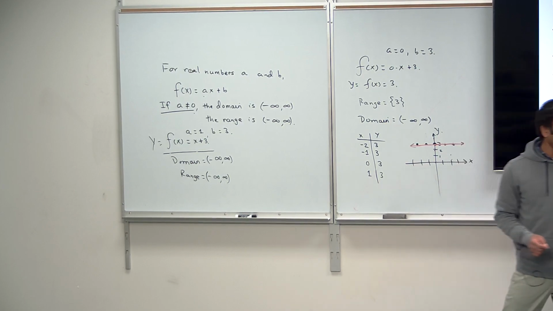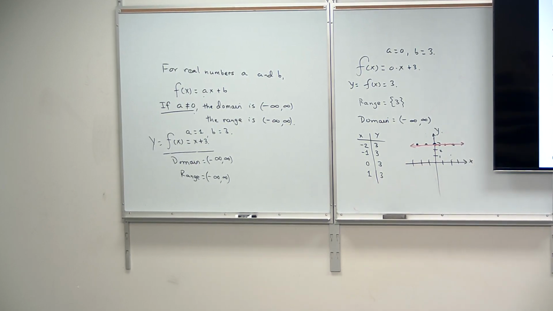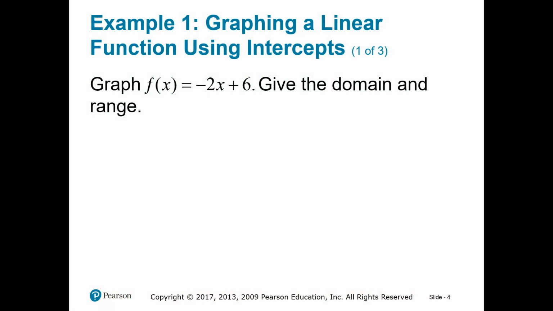So this is the definition of the linear function. And now, what do you think? What will be the domain and range of this function? Is this a linear function?